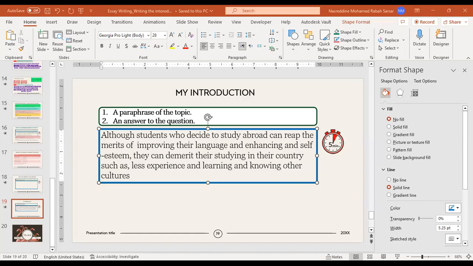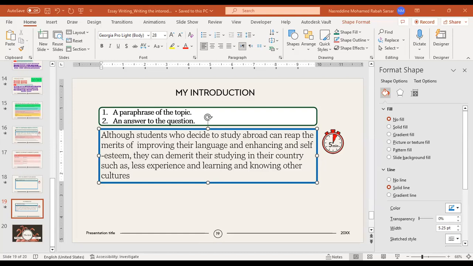Although studying outside the country will know a new culture. So for example, although studying outside can allow you or can help you know about new cultures and learn a new language. Learn is better than to say gain.